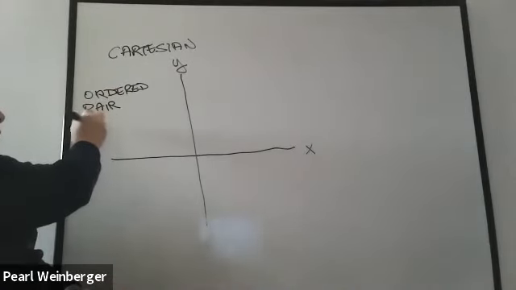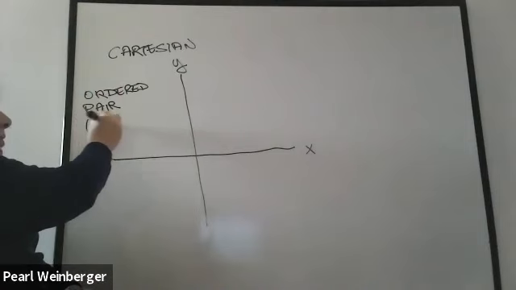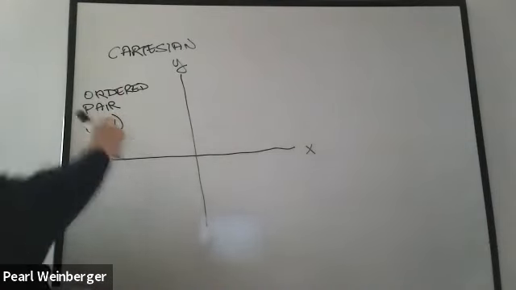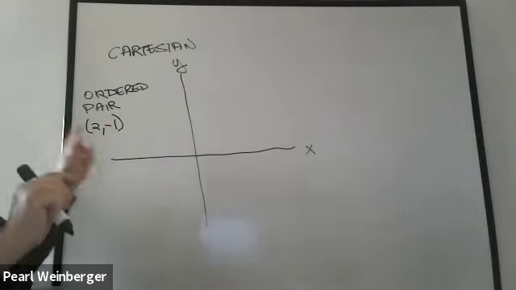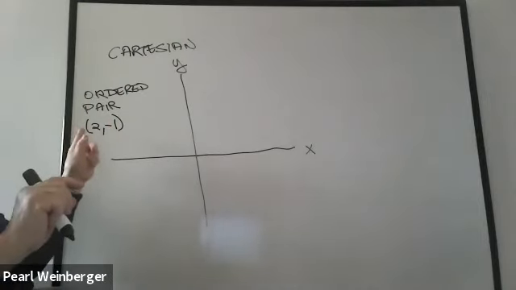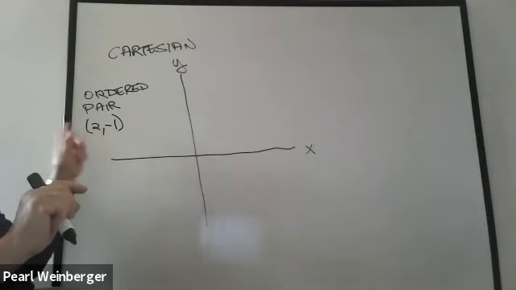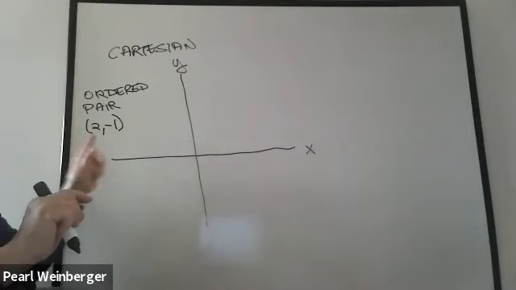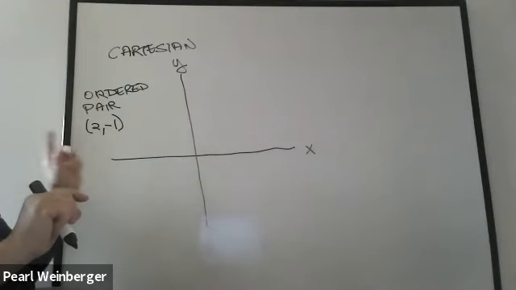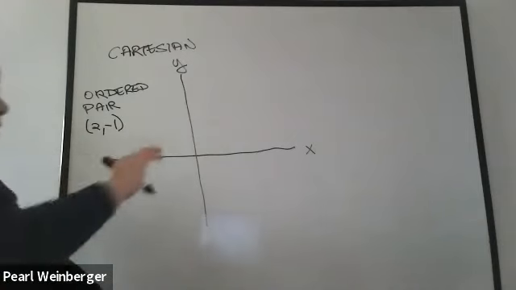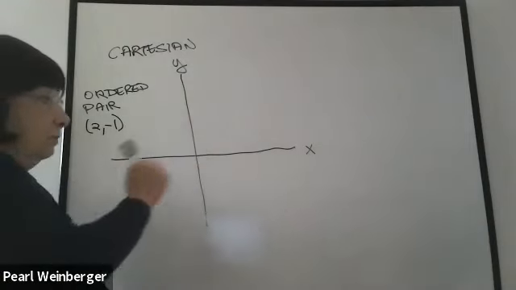Let's say I'm going to write 2, -1. These are two numbers. The first number always stands for what we call the x coordinate. It's telling us how much we should go in the x direction. Now the x is the horizontal direction.